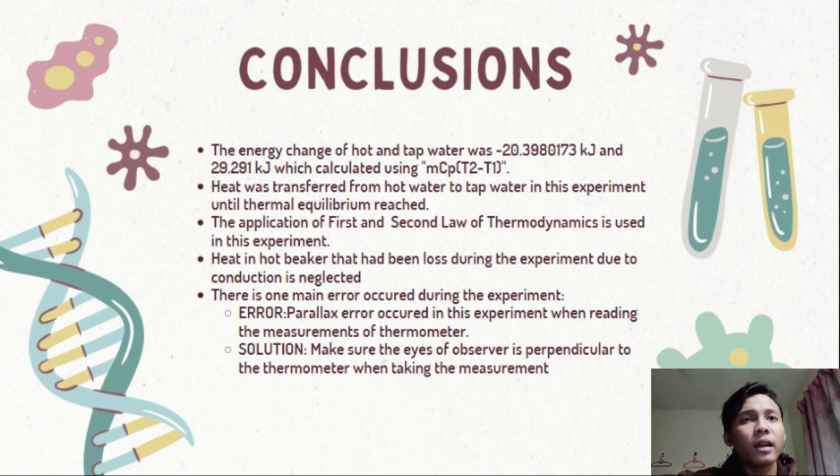For the conclusion part, the conclusion that we can draw from the experiment is that the energy change for the hot water is negative 20.3980173 kilojoules, and for the tap water it was 29.291 kilojoules, which we calculated using the mcθ formula.